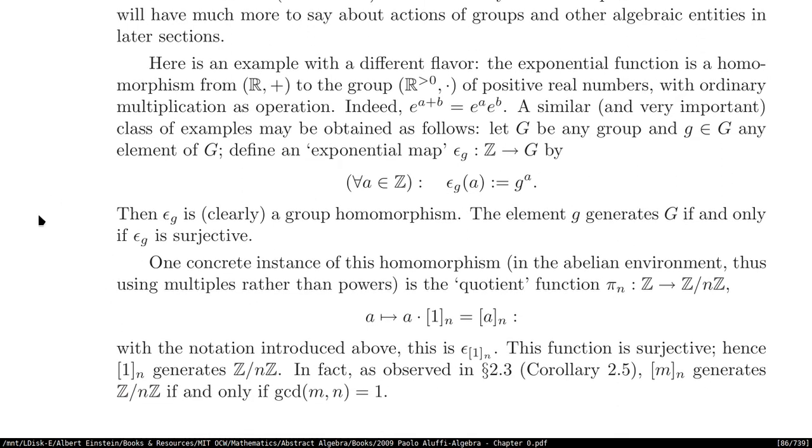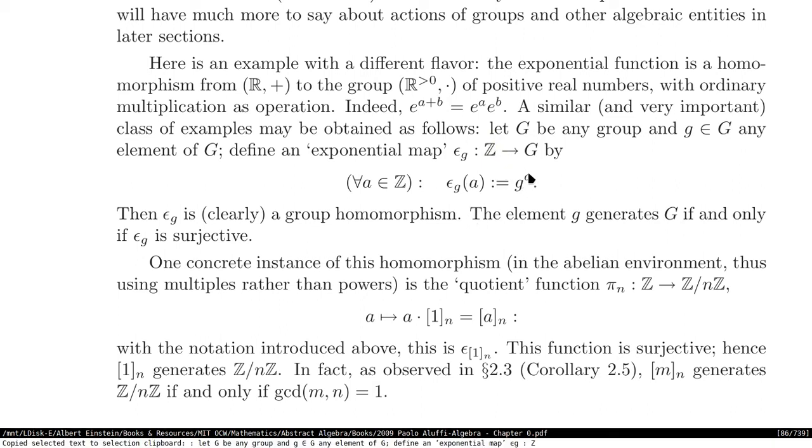But if you take this to be a bit more abstract, you have the exponential map at the level of generalized groups. So G is any group on this exponential map. What it does is it takes an integer a from Z, and it gives you G to the power a. So it gives you an exponent for the given integer, right?